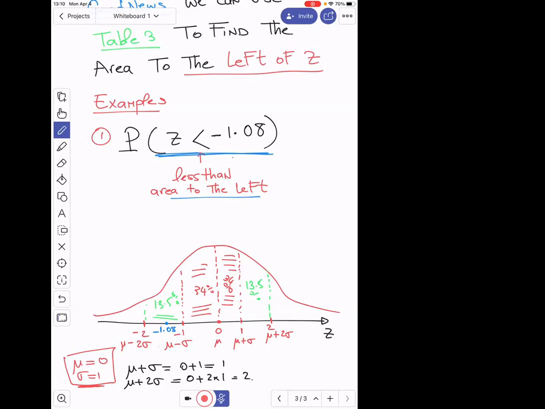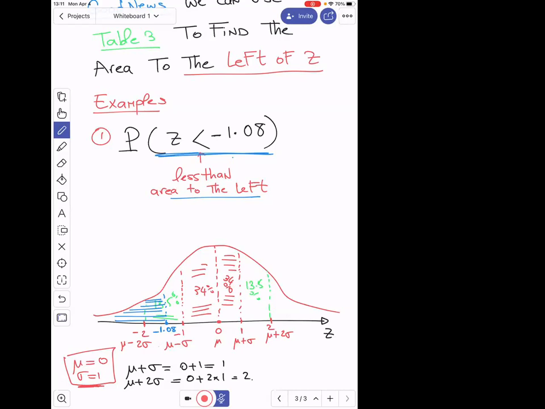And I want to find the area to the left of this negative 1.08. So this is kind of like a random value of your variable, and I cannot use the 34% or the 13.5% or the 50%, etc.